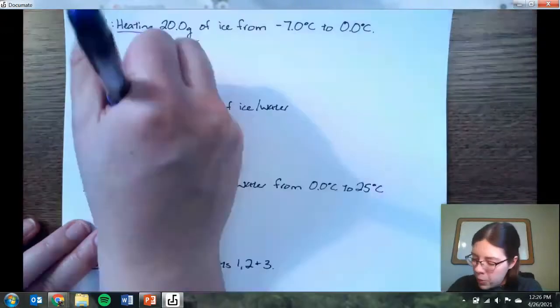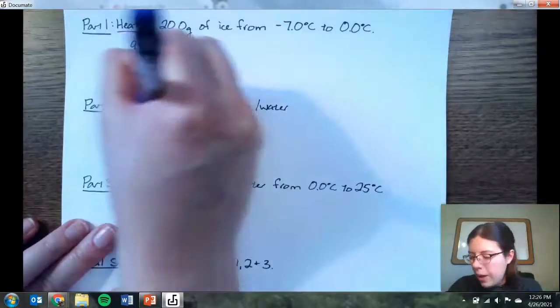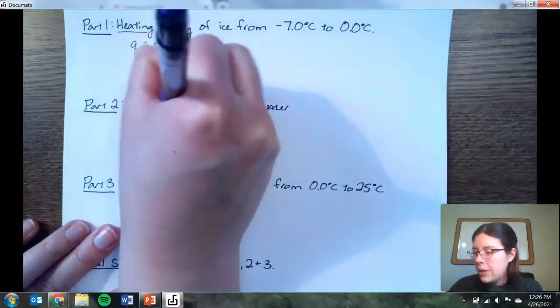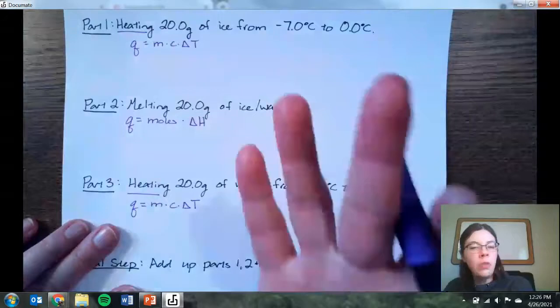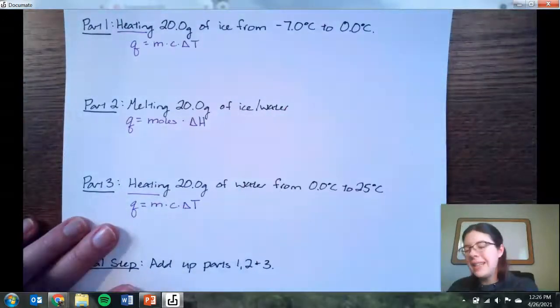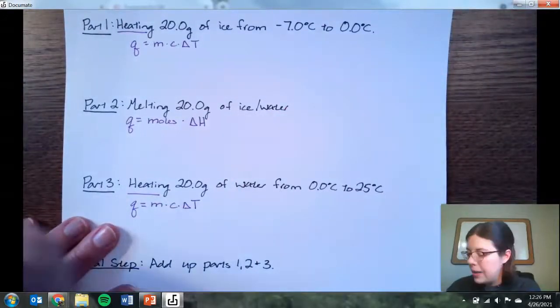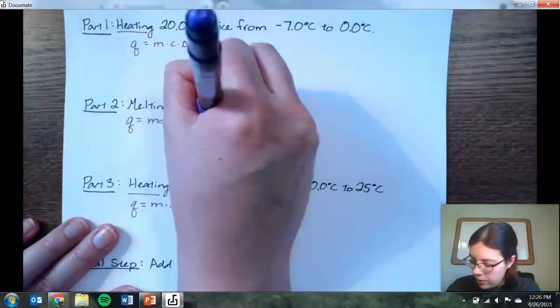So for this one, I'm going to use Q is equal to the number of moles times the delta H. And we need to think, are we melting and freezing, or are we boiling and condensing? In this case, we are melting, so this is going to be the delta H of fusion.